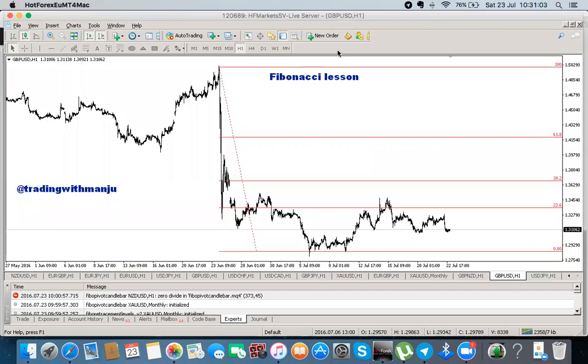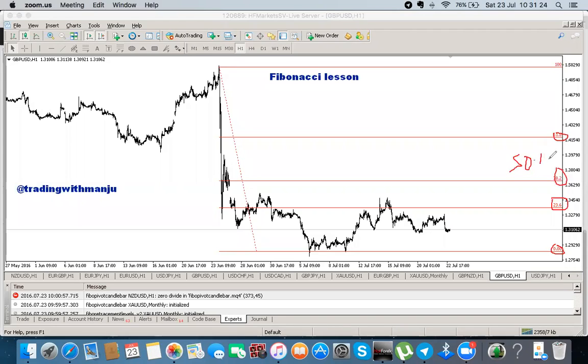Now you can see I only have 0% ratios, and I have 23.6, 38.2, and 61.8. I do not have 50 because I don't use 50, and I don't have the 76 ratio.